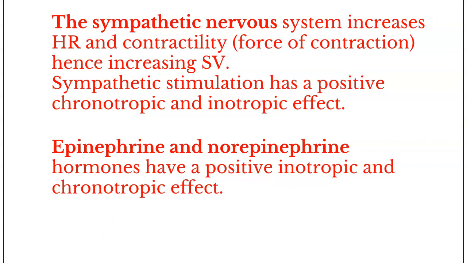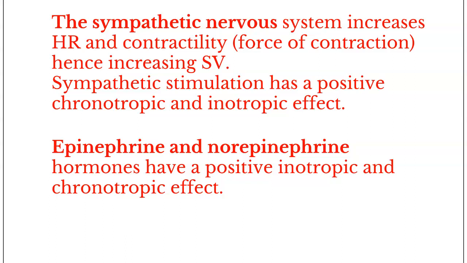The sympathetic nervous system increases heart rate and contractility, that is force of contraction. So it's going to increase heart rate and stroke volume. Sympathetic stimulation has a positive chronotropic and inotropic effect on the heart.